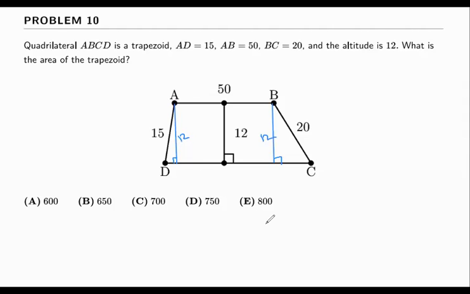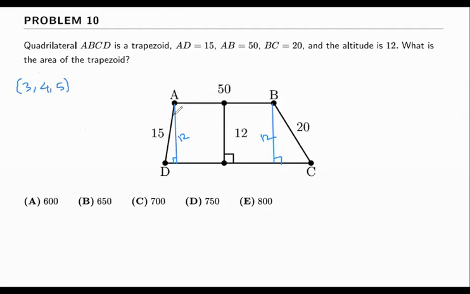But instead of using Pythagorean, I like to use the Pythagorean triple because it will make our life way better. The first Pythagorean triple that we use is 3, 4, 5. If you have any multiple of these three numbers in a right triangle, that will also be fine.